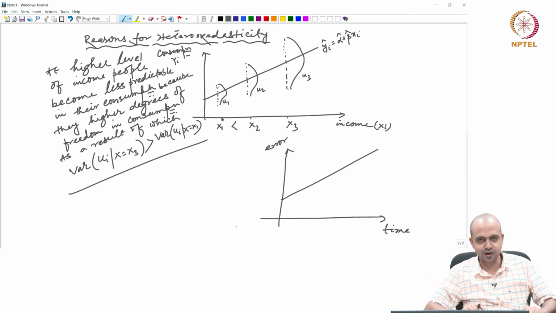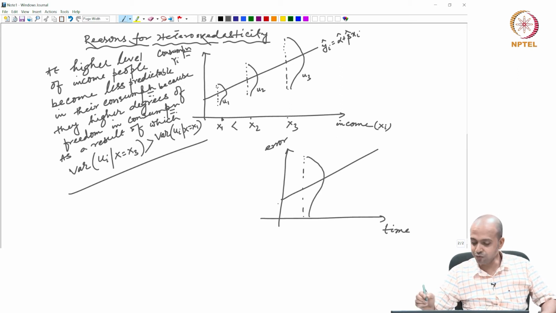Suppose you are typing using a typewriter, and I am noting down how many errors you are committing while typing. So, when you have just started typing with very little experience, let us say at the first hour, you may commit so many mistakes. So, your error variance would be like this.